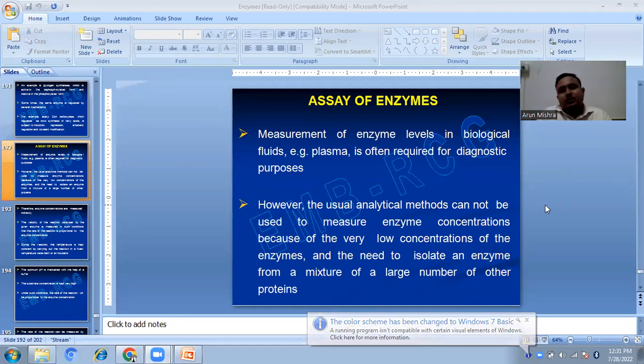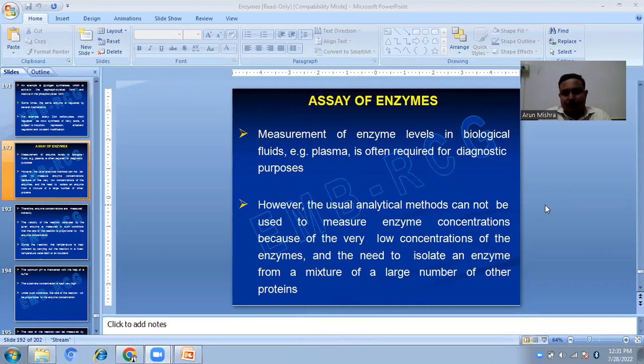We move on to the next topic of enzymes, which is assay of enzymes. Measurement of enzyme level in biological fluids such as plasma is often required for diagnostic purposes.